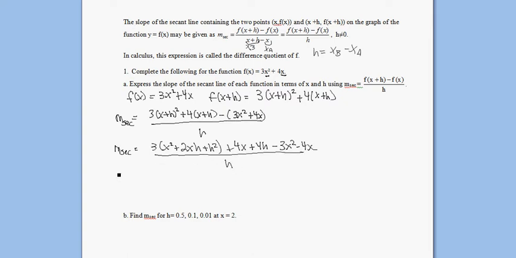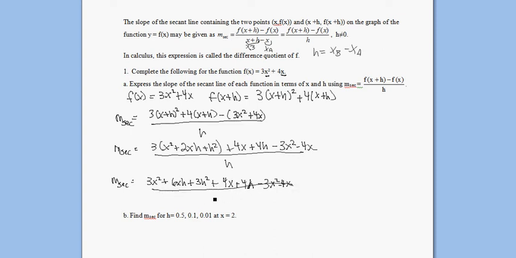I distribute this 3. I get 3x squared plus 6xh plus 3h squared. And I just write these terms out here: 4x plus 4h minus 3x squared minus 4x, all over h.